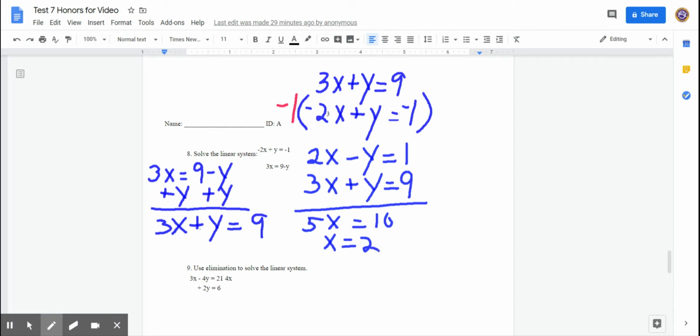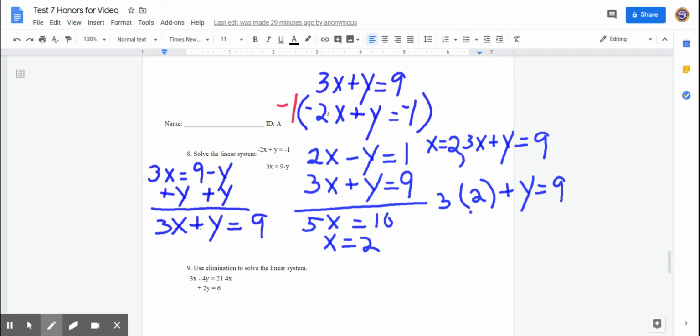If I have x equals 2 and I choose an equation, I'm just going to choose 3x plus y equals 9, and I'm going to substitute in 3 times 2 plus y equals 9. That's 6 plus y equals 9, minus 6, and y equals 3.